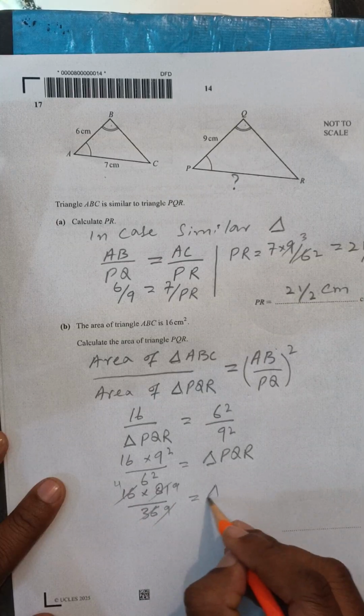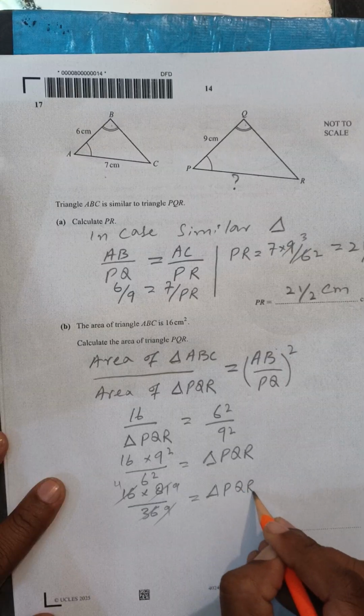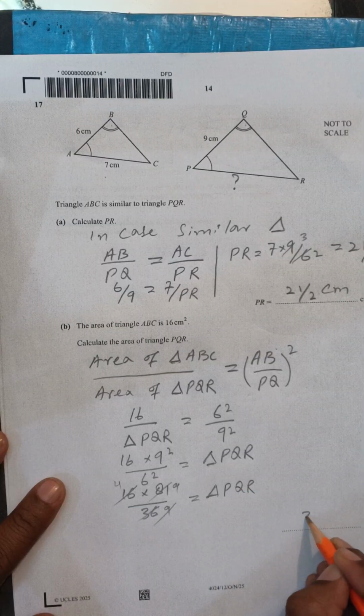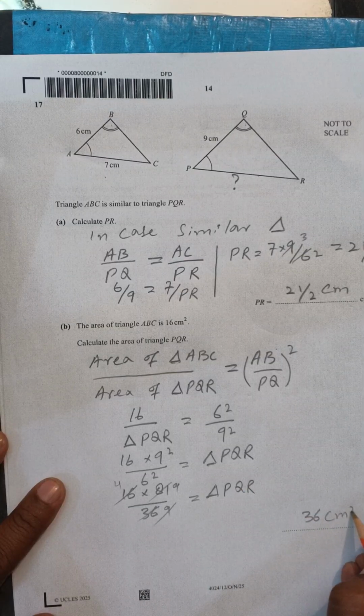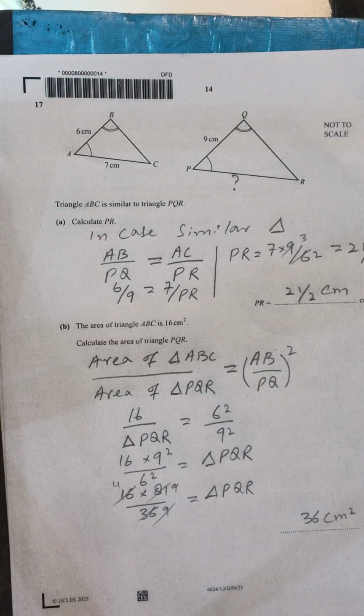So the area of triangle PQR is 36 centimeter square. You got my point.